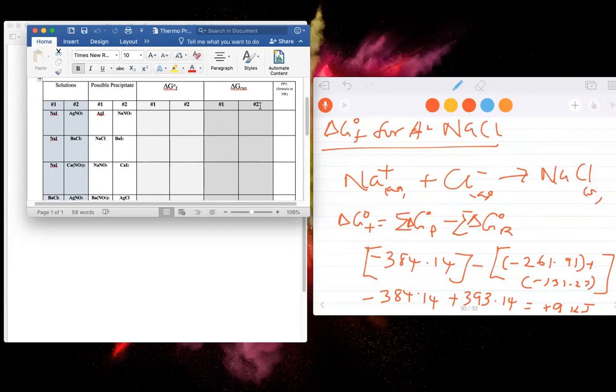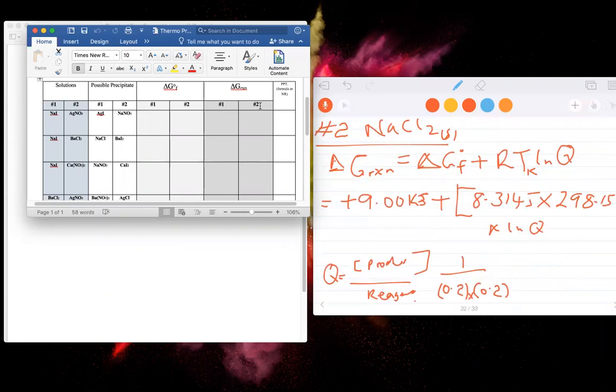It's based on when you write the precipitation equation, when you introduce a square or so on, but since it is 1 to 1, it will just be the value you have here, 0.2 and 0.2. So it's 0.2 times 0.2, and the reciprocal of that is 25.